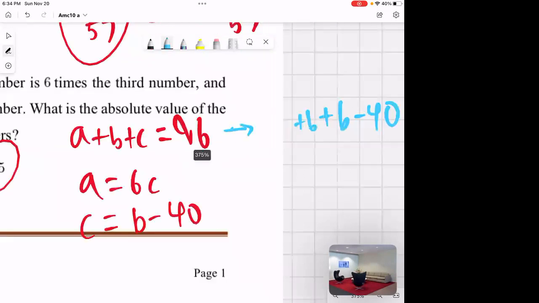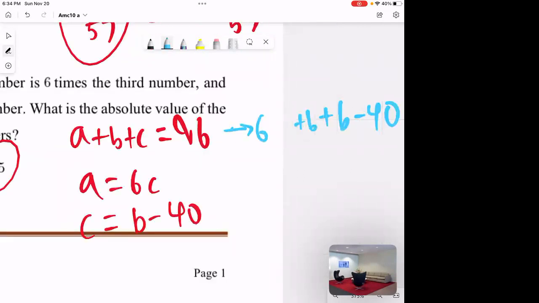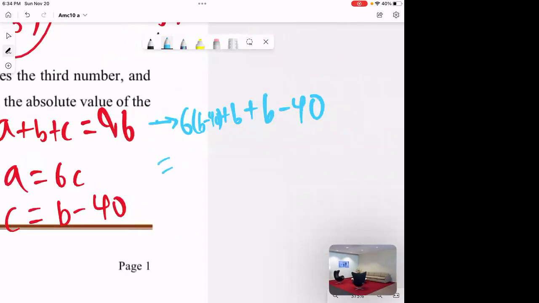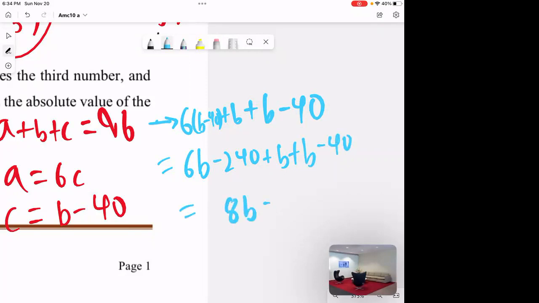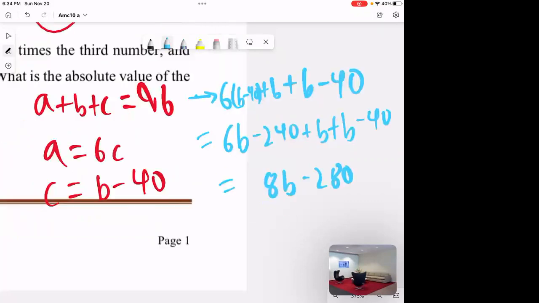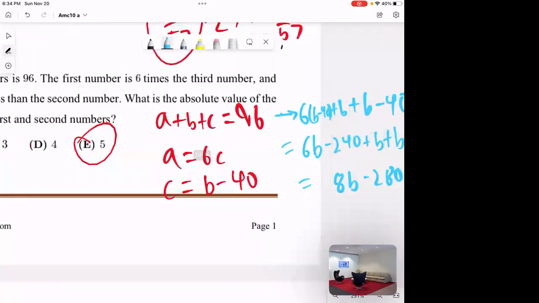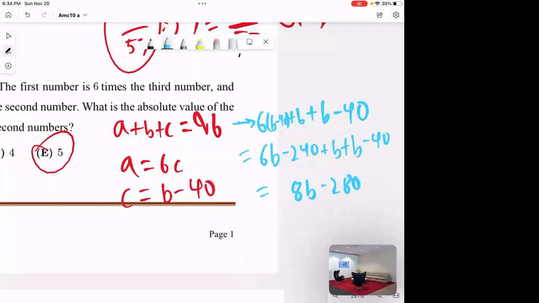And then A is 6C, so 6 times B minus 40, which is equal to 6B minus 240 plus B minus 40, which is equal to 8B minus 280. So 8B minus 280 is equal to 96.